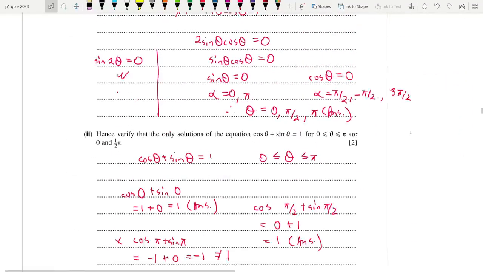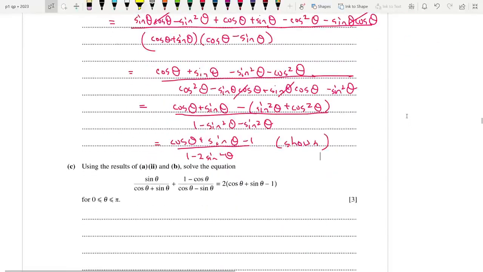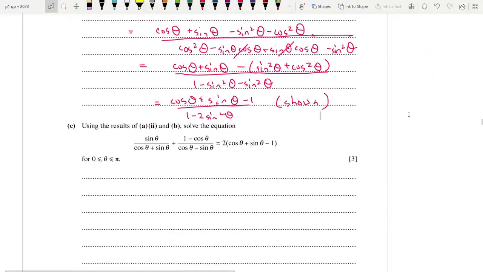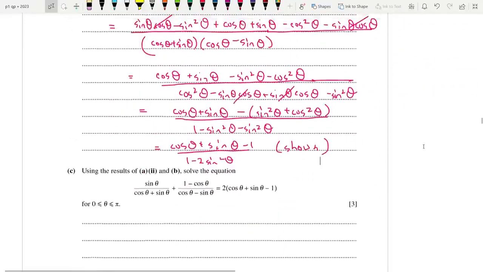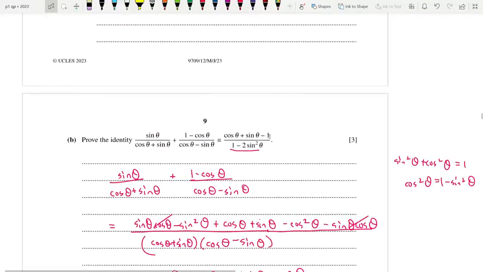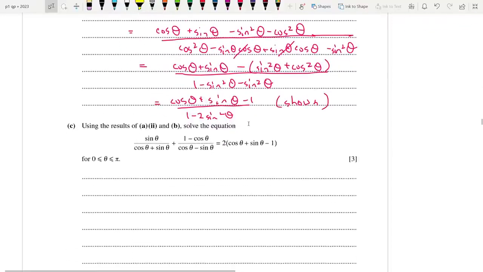Using the results of A2 and B, solve this. Okay. So we know that the one on the left hand side can be written as cos theta plus sin theta minus 1 divided by 1 minus 2 sin square theta. Yeah, this sum was a bit complicated.